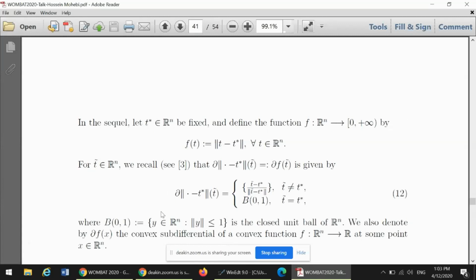Here we define a function f from Rn to [0, plus infinity) by the norm. In fact, f is the norm, and the subdifferential of the norm at T tilde is a singleton point if T tilde is different from the point T star, and is equal to the closed unit ball of Rn if T tilde is equal to T star.